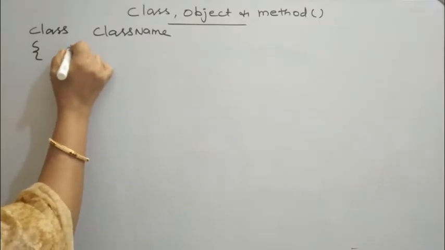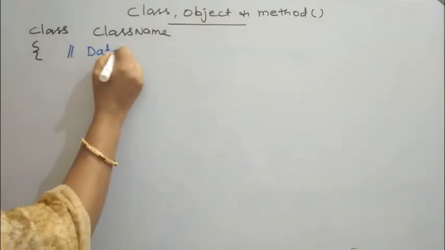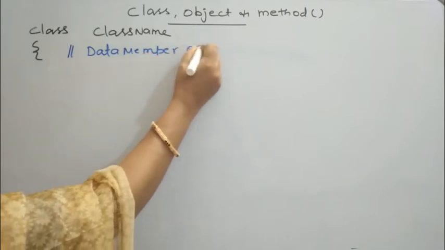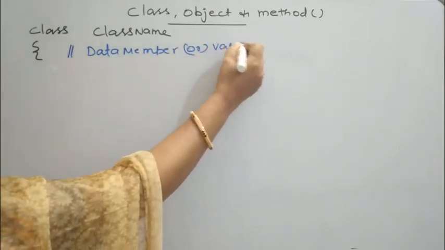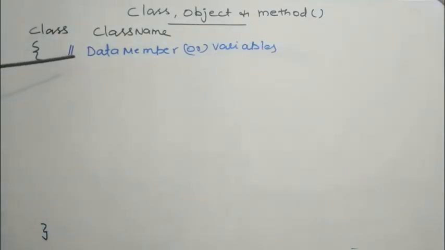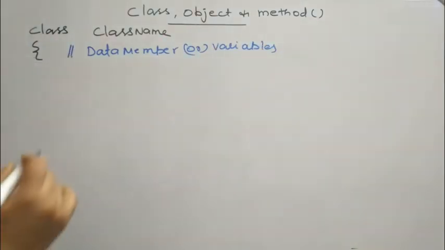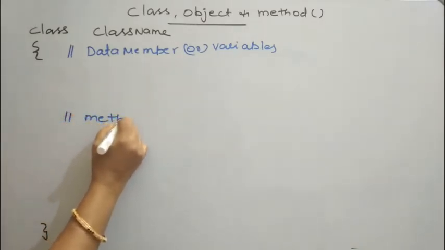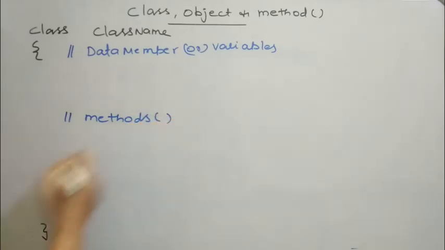A class definition encapsulates data members, also called variables. Data members represent the properties of the class. And then methods. Methods represent functionalities.